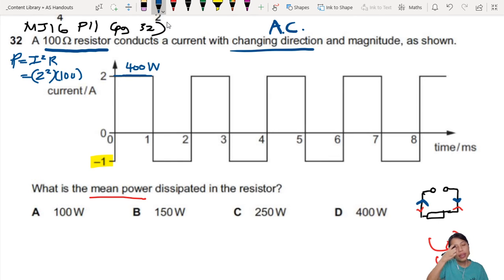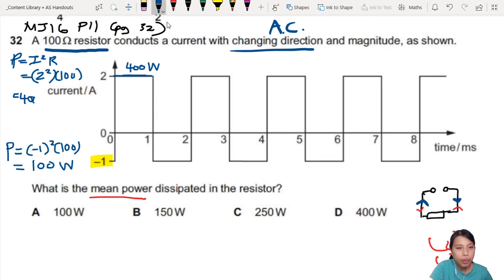Okay? And then when the current is -1, the power dissipated here will be, actually, the negative doesn't need to be put inside there, it's just FYI. So here it will also be 100 ohms. That will just be 100 watts.